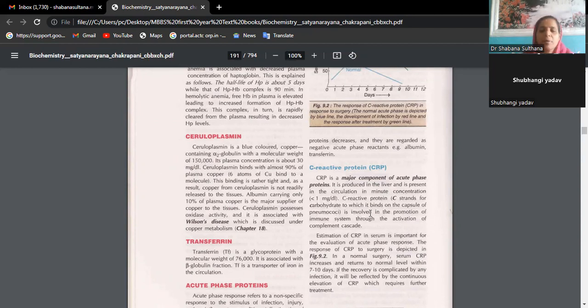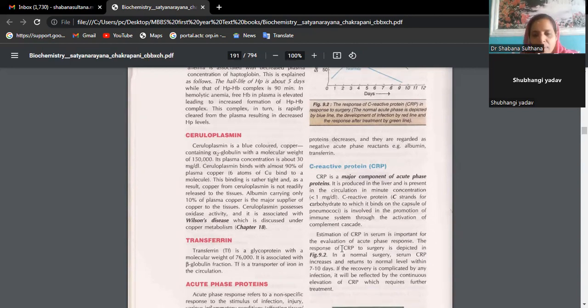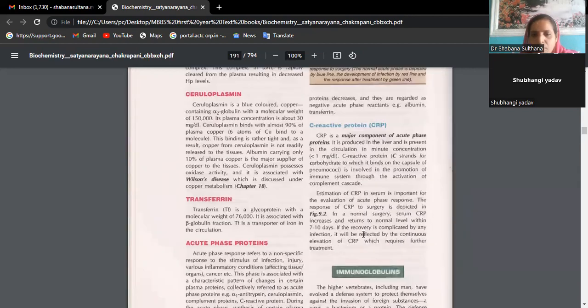Similarly, we also have C-reactive protein as a component of complement, which you will be studying in second year microbiology in detail. It actually helps in active working of antigen antibody complexes. To kill the antigen, complement will be assisting. So in that complement cascade, you will see the C-reactive protein working. Generally, if a patient is undergoing any surgery, such proteins will increase in blood.